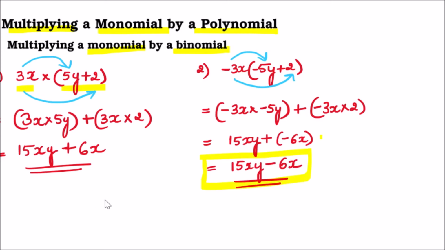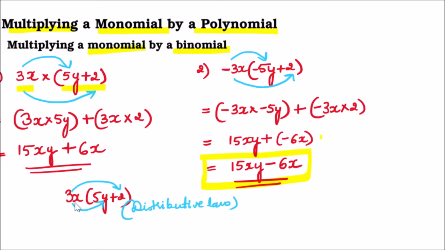If a problem like this, okay, 3x into 5y plus 2. The first thing is 3x will be multiplied to 5y and 3x will be multiplied to 2. Okay, this is distributive law we say. What is it? Distributive law. We have learned in earlier class.